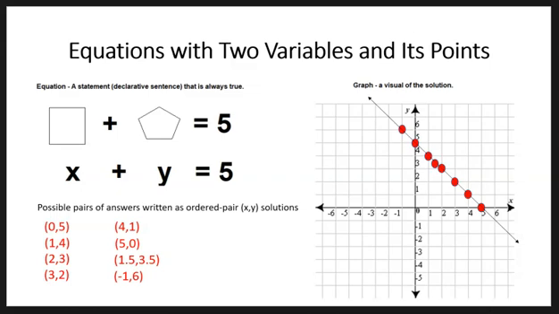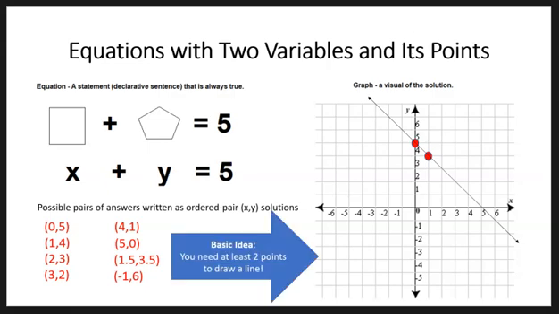However, we do not need so many points to draw a straight line. What we really need is only 2 points. The moment you have 2 points, you have enough to draw a line. So instead of finding so many points to draw a straight line, the only thing you need is 2 points.